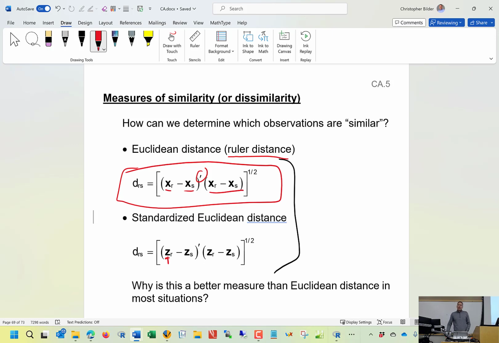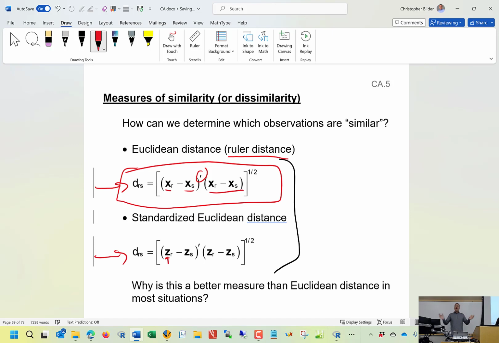You can think of this, if we have just two variables and we plot data in a scatter plot, as essentially putting a ruler down on the plot. That's the Euclidean distance, if the ruler is properly scaled. We could do the Euclidean distance just with the raw data or with the standardized data.